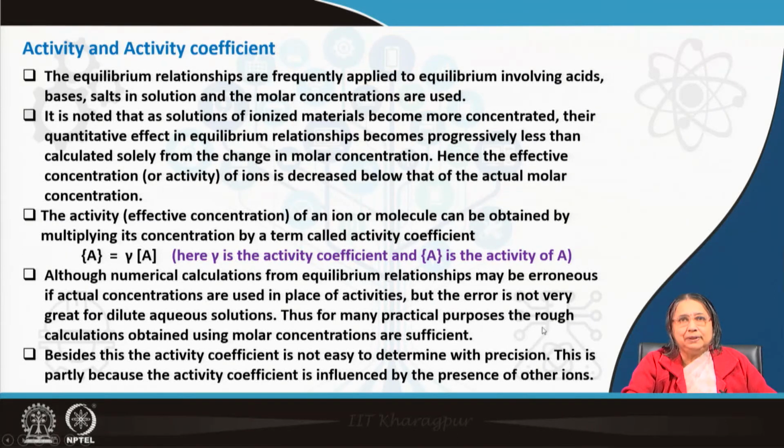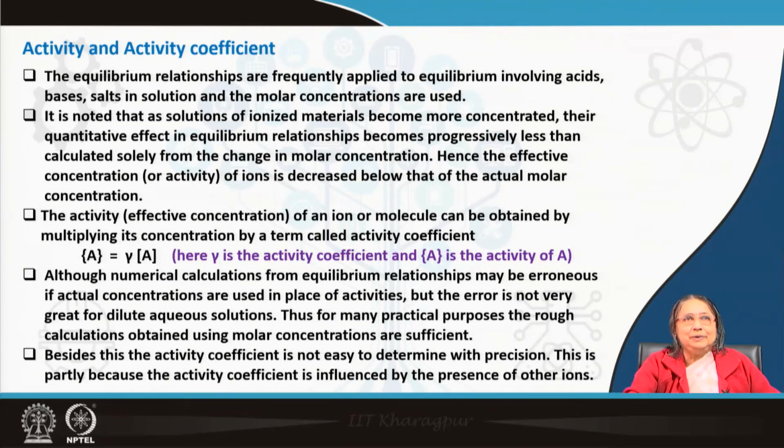For practical purposes, the rough calculations obtained using molar concentrations are sufficient. That means we do not have to bother about using the activity term. Besides this, determining the activity coefficient is not a very easy task. We cannot determine it with precision, partly because the activity coefficient is influenced by the presence of other ions.